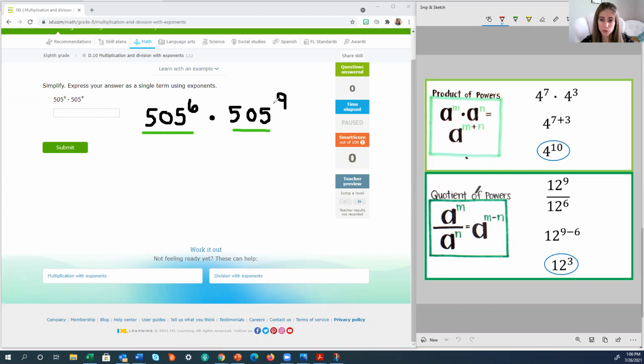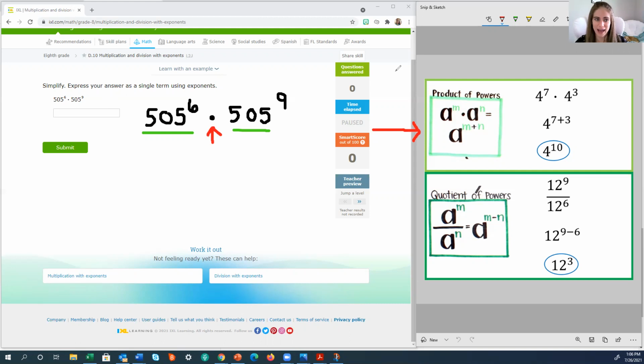And what's the operation? So remember, operation is multiplication, division, addition, subtraction. I notice the operation is multiplication, which means we're going to use the product of powers rule. And that product of powers rule says if the bases are the same, which they are, and they're being multiplied, which they are, what do we do to the exponents?